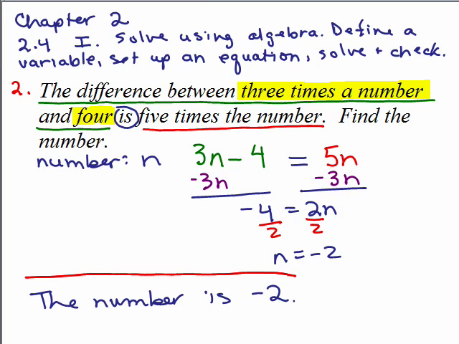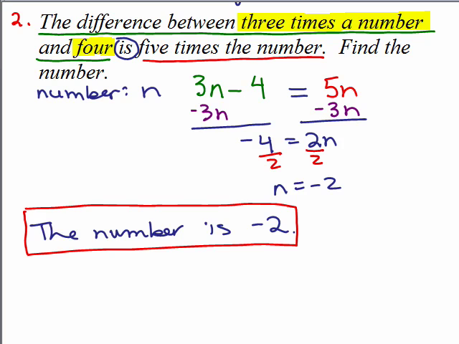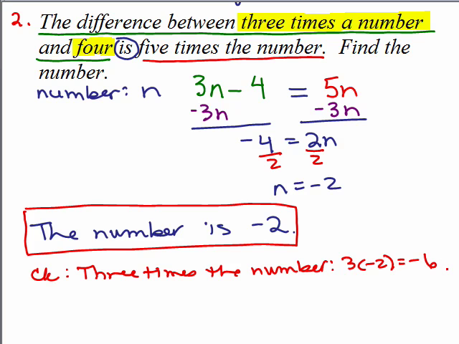So it looks like that's going to be the answer, but what we want to do is check it by using our common sense. So it says, the difference between 3 times a number and 4. Well, what's 3 times a number? Well, 3 times the number is negative 6. So let's go down here a little to check. 3 times the number would be negative 6, right?